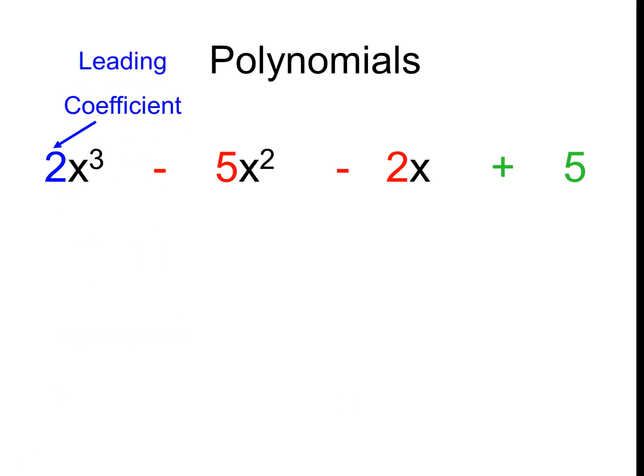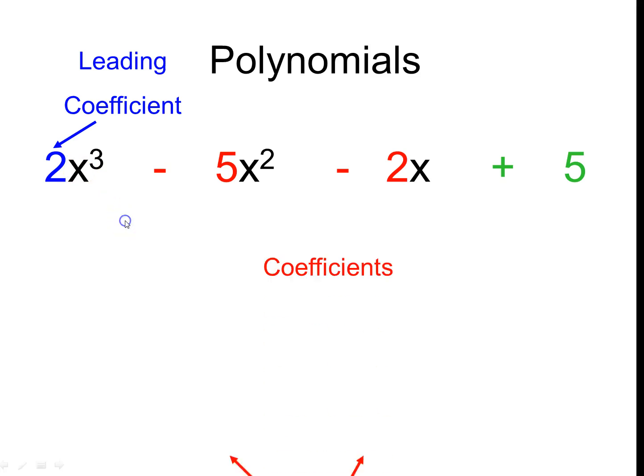The first thing we need to recognize is the leading coefficient. And the leading coefficient is the coefficient that is in front of or multiplied by the variable with the largest exponent. And in this polynomial, the largest one is x to the third. So the leading coefficient is 2.